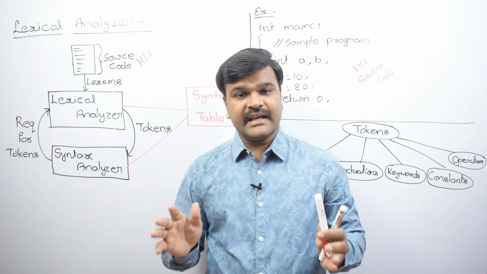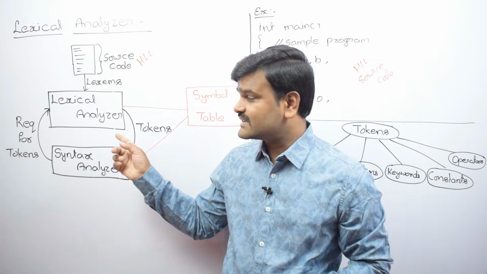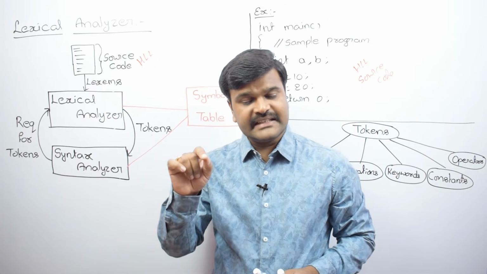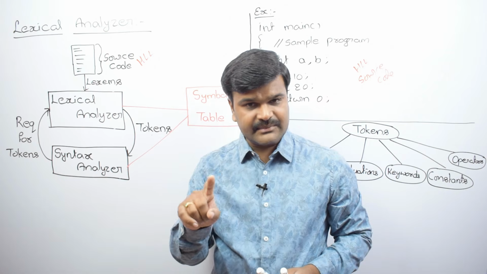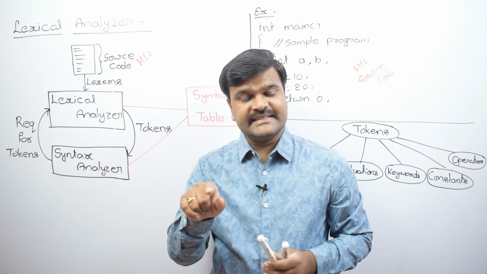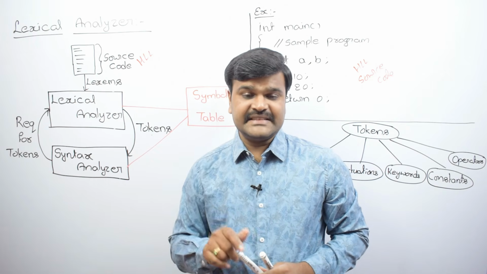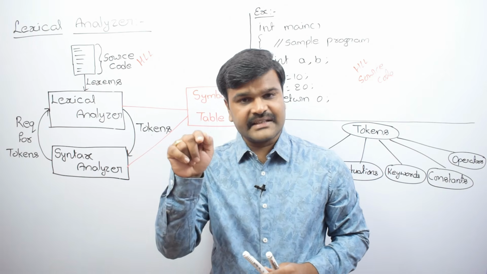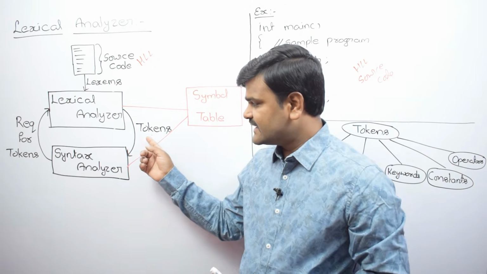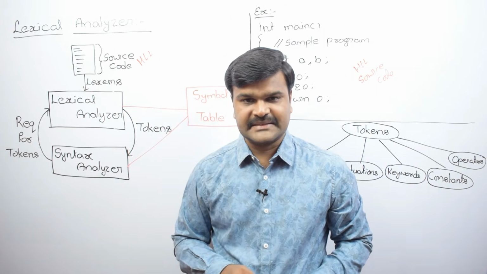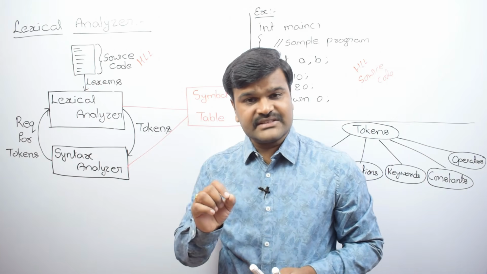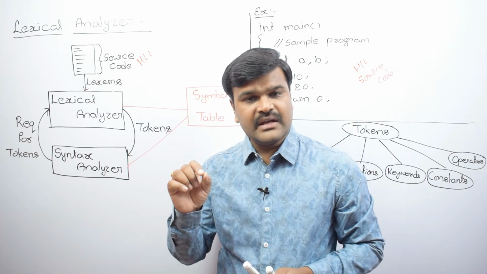So the main functionality of the lexical analyzer is that whatever source code you give as input, it scans character by character, groups the characters into words and identifies logical units which have a logical meaning in that particular programming language. We call these tokens, and they are the input to the syntax analyzer. The meaning of a lexeme is the actual representation of a stream of characters.